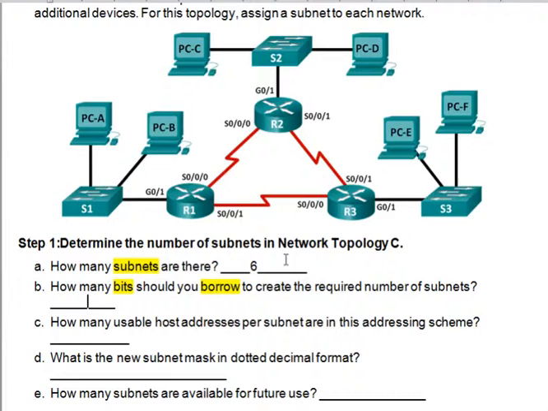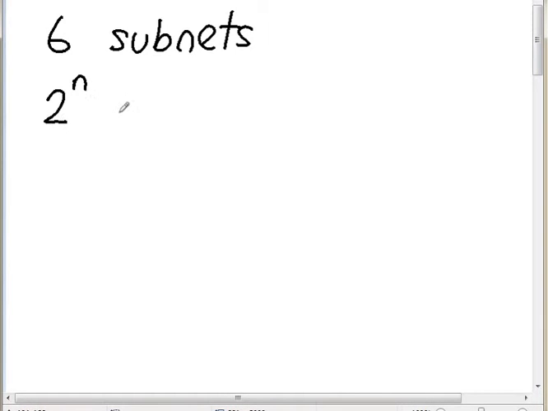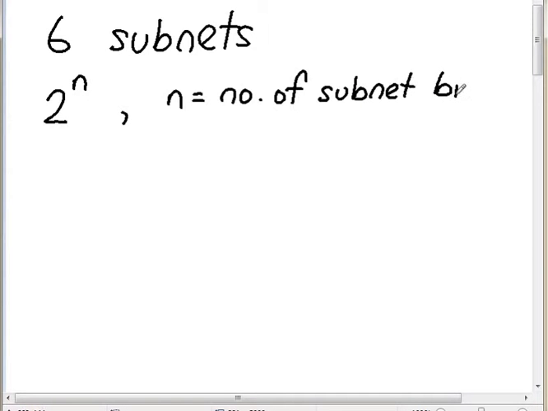Okay, so in order to create the number of subnets, we notice that we have a total of 6 subnets needed. So let's try to use the formula we have to determine the number of bits required. The formula is 2 to the power of n, where n is the number of subnet bits.